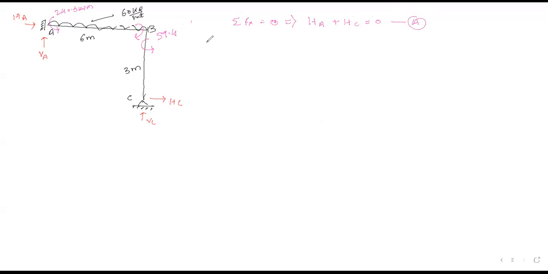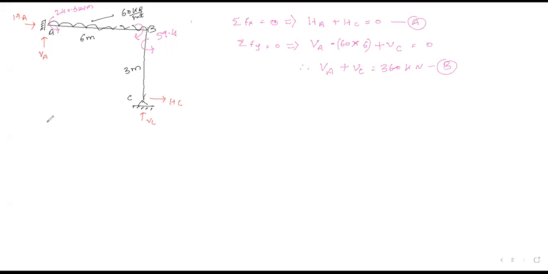Next step, sigma Fy equal to 0, algebraic summation of all forces in y direction: plus VA minus 60 into 6 plus VC, that should be equal to 0. So my value VA plus VC equals 360 kilonewton. I hope it is clear to all of you. This is equation number b.